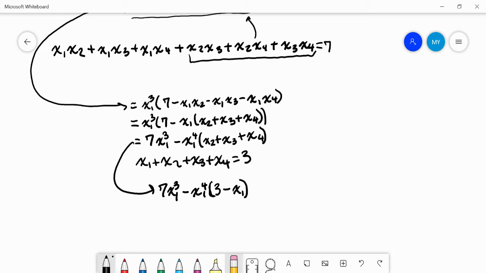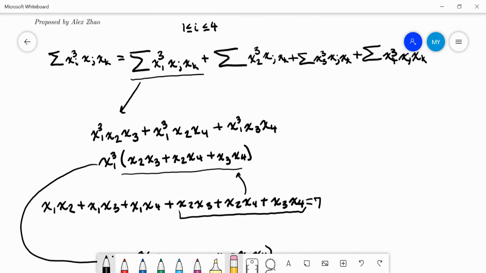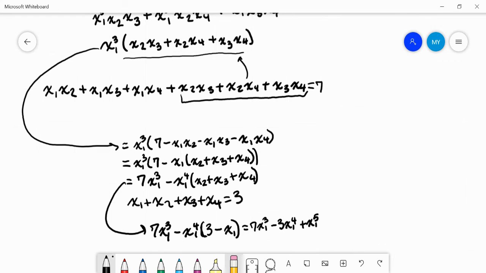Alright, so when we expand, we can get that this is equal to 7 x1 cubed minus 3 x1 to the 4 plus x1 to the 5. Cool. So this sum, the first part of this sum where i equals 1, is just this thing.